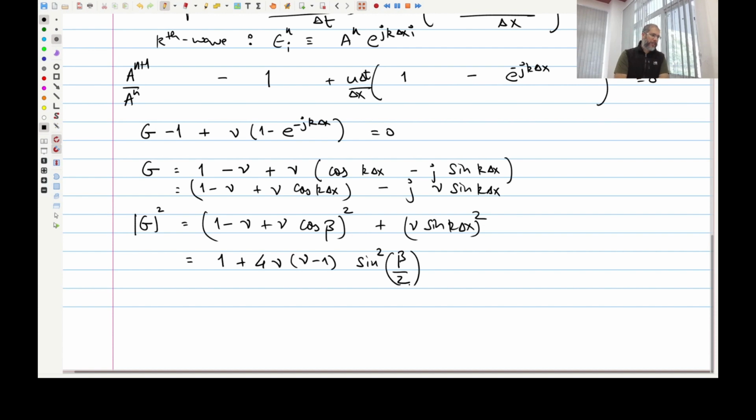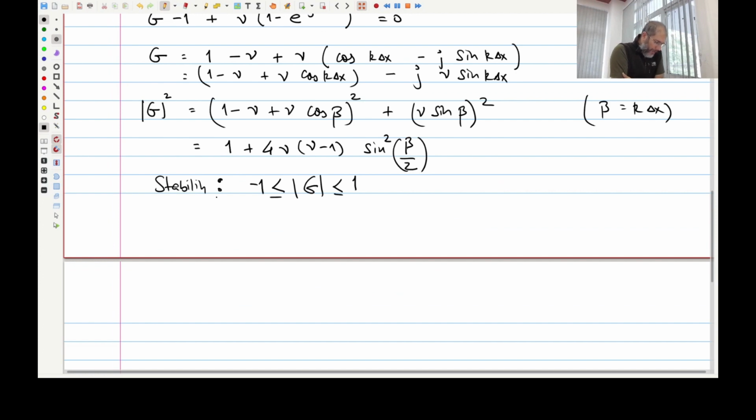Now the condition for stability is that mod g has to be between minus 1 and 1. So let's apply the condition.